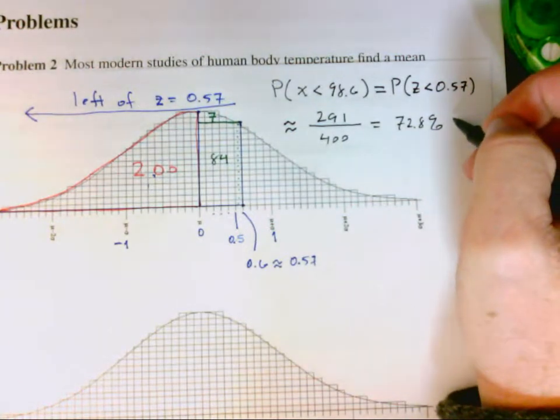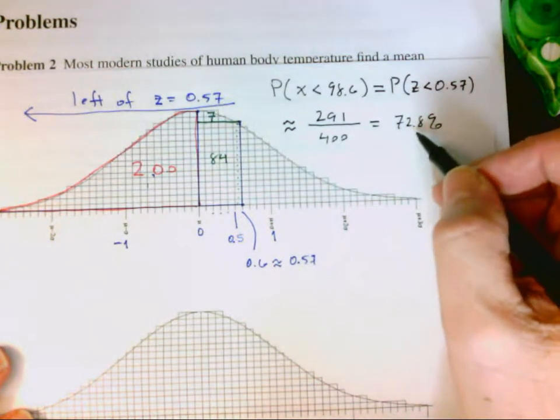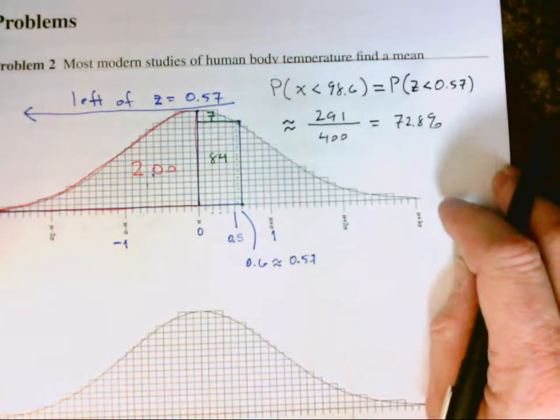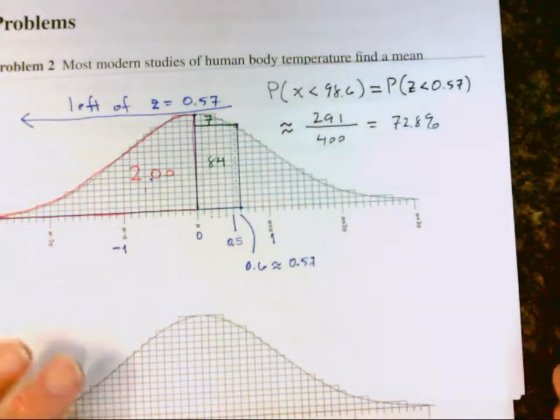So not quite 3/4 of the time are we going to find that someone's temperature is actually all the way up to 98.6. Now again, this varies by age, gender, time of day, all kinds of things.